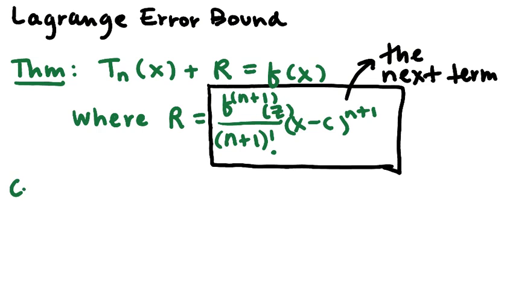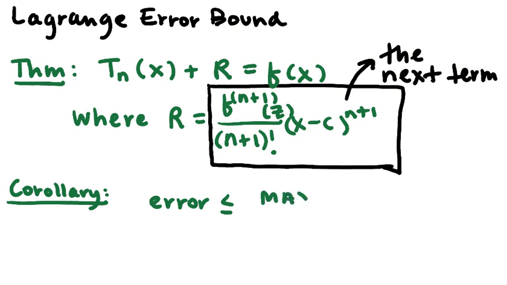So the corollary is that the error is less than or equal to the maximum possible value of the next term. Or the maximum possible value of the absolute value of the next term.